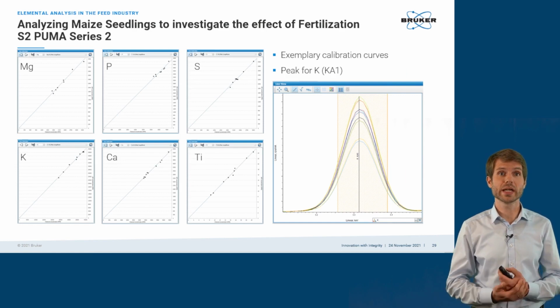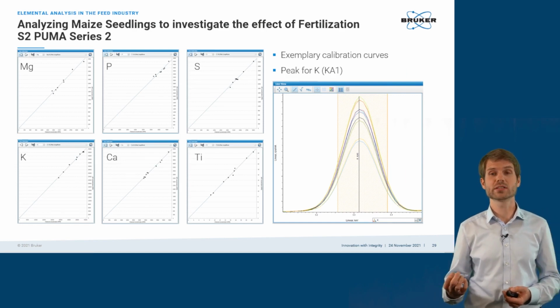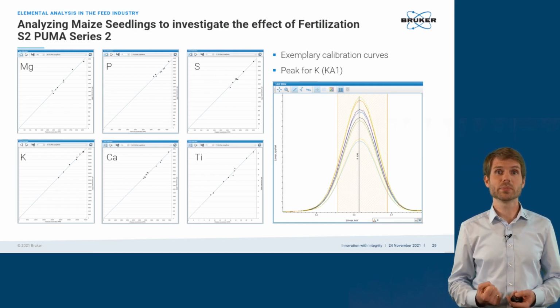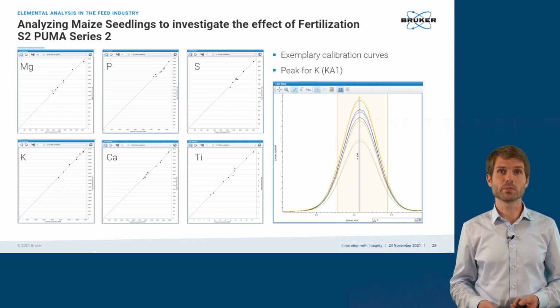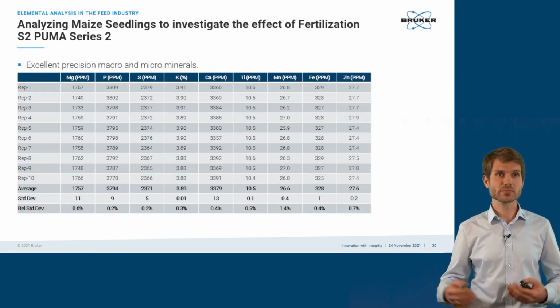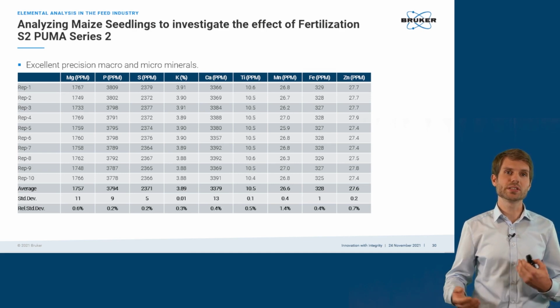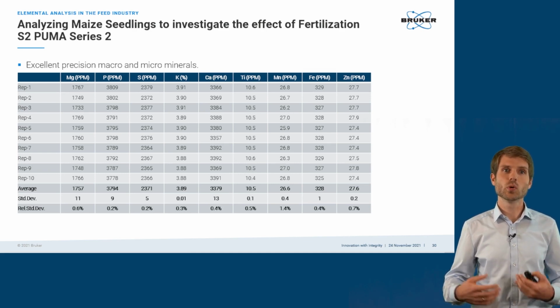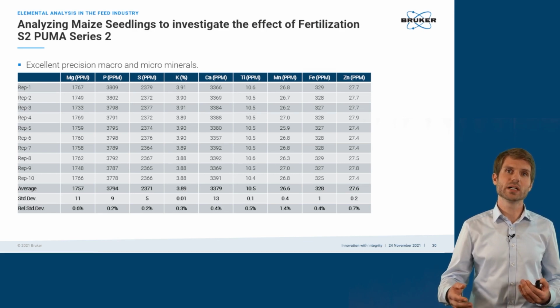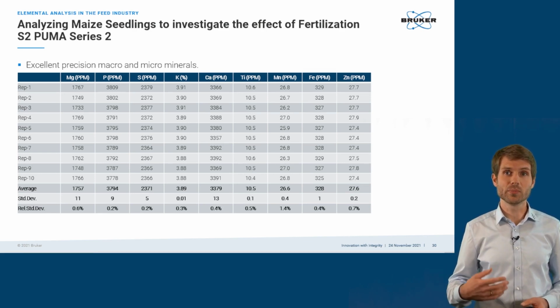Here you can see that we get good calibration curves by simply pressing this relatively heterogeneous material into a pressed pellet. Also here, the peak for potassium is shown with a very nice signal-to-noise ratio. And as expected, when we do a repetition test, we can see that even with unground samples, we get a very nice repeatability.